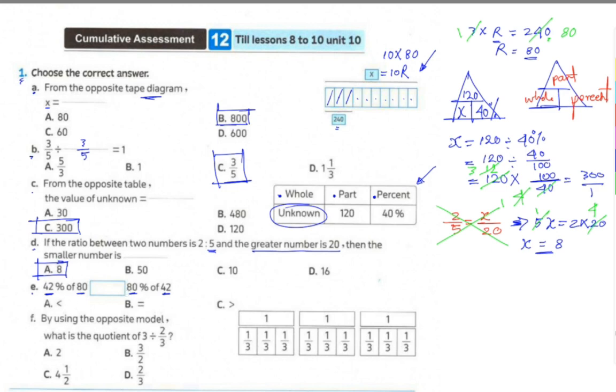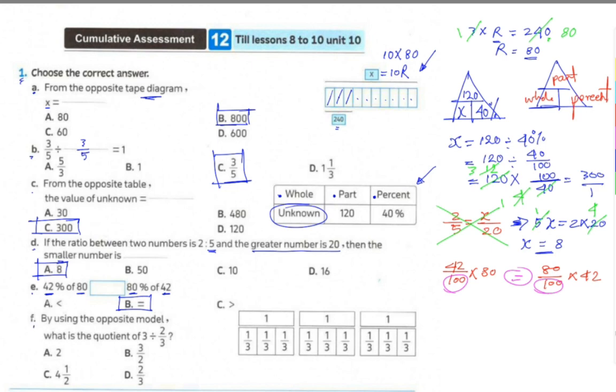Note with me, the first part is 42 over 100 times 80, and the next part is 80 over 100 times 42. The denominators are 100 and 100, that's okay, and in the numerators, 42 times 80 is the same as 80 times 42. So they equal each other. I will choose B.